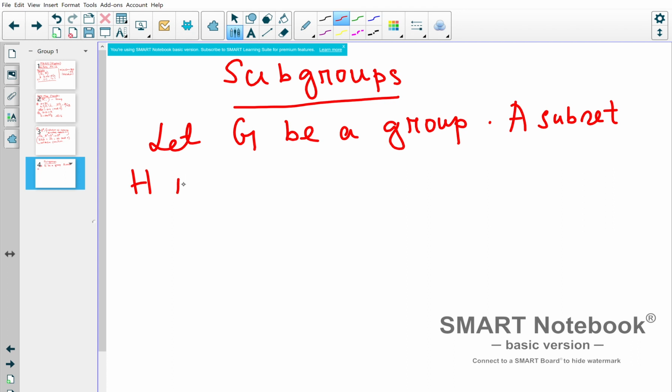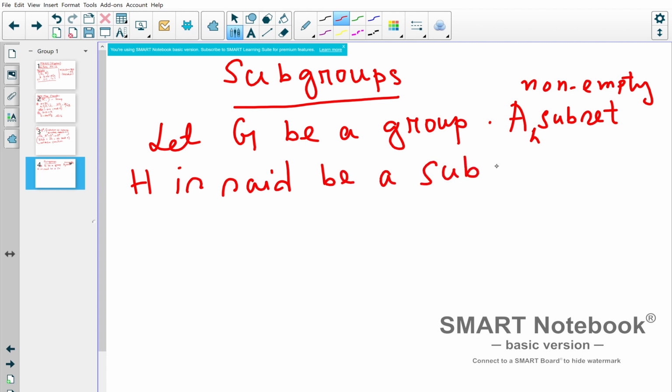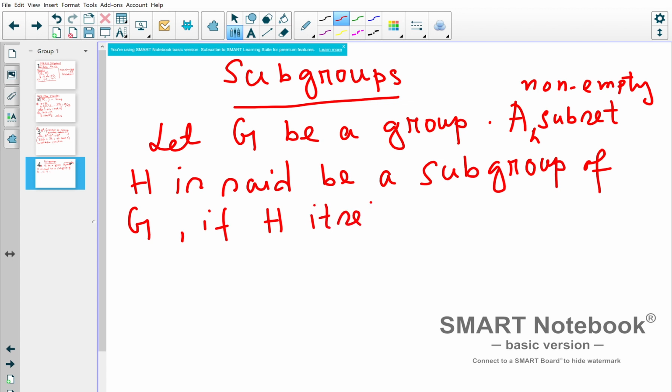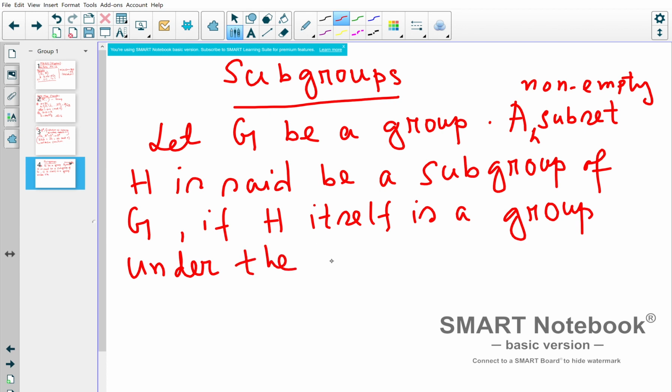A non-empty subset H is said to be a subgroup of G if H itself is a group under the same group operation.